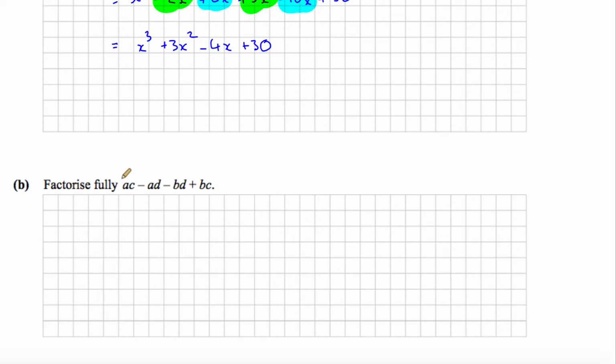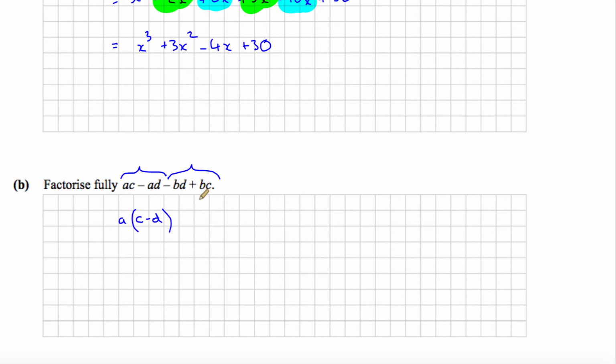So I'm just going to try and pair the first 2 here, because I can see that they both have a that's factorizable out. And then for the second 2 terms, I'm going to be able to factorize a b out. Okay, so with the first 2, if I factorize out a, factorized out of this leaves c, and factorized out of this leaves −d.